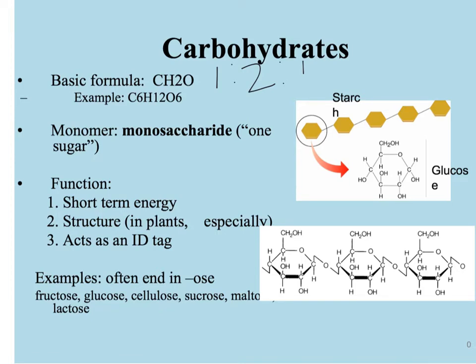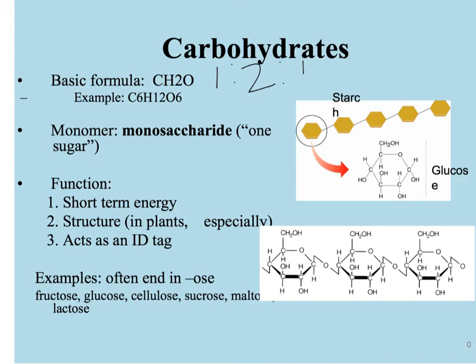And then the third function that we're going to talk about is that it acts as an ID tag, and we're going to talk about that a lot when we get into the cell membrane, because on the surface of your cell membrane is this carbohydrate chain, and what that does is it acts as an ID tag. It tells your body that, hey, this cell belongs to this person, and the function of this cell is to do this. If you've ever gotten sick, you got exposed to a bacteria.